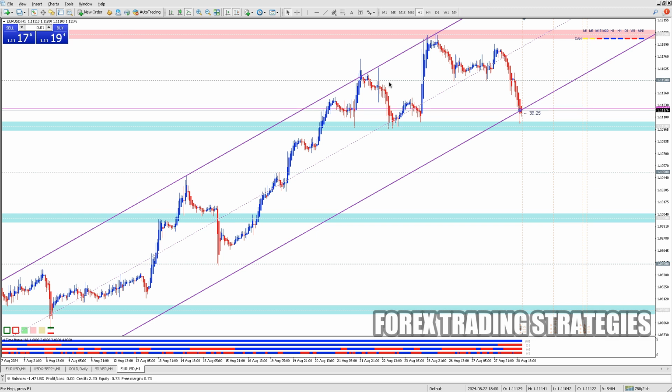So getting back to the point of growing small accounts, what you want to do is choose a single pair. Understand that pair, focus on that pair. You also want to use one strategy. I would say scalping, if you are hoping for quick wins and to generate as much money as you can.